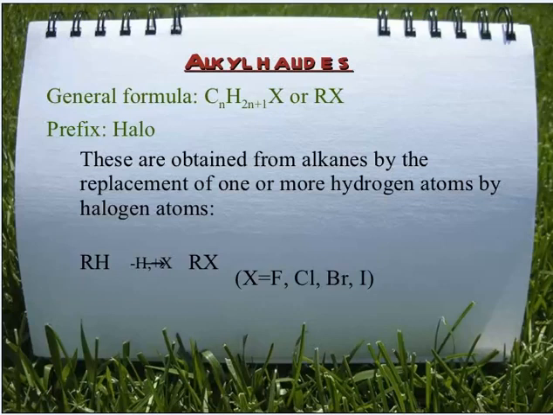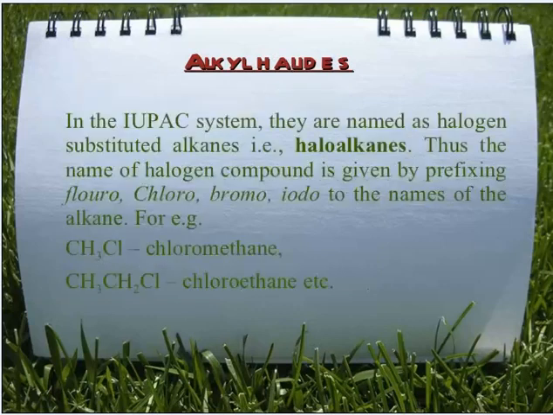We convert from RH to RX, where X is a halogen: fluorine, chlorine, bromine, or iodine. In the IUPAC system, they are named as halogen substituted alkanes or haloalkanes. Thus, the name of a halogen compound is given by prefixing fluoro, chloro, bromo, iodo to the name of the alkane.